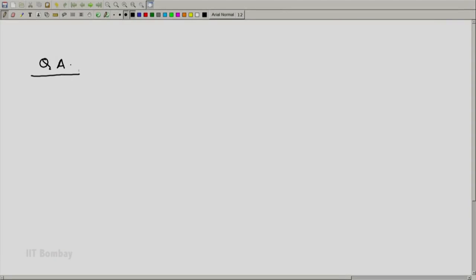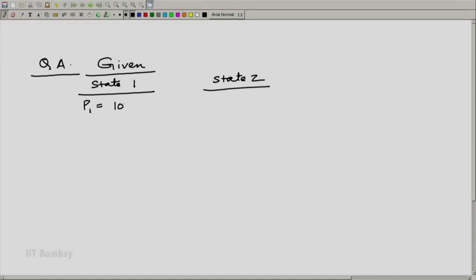Tutorial 4 question A. What is given to us? We have got state 1 and we have got state 2. What we know about state 1 is P1 is equal to 10 bar or 1 MPa, and P2 is equal to 0.1 bar, which is 0.01 MPa.